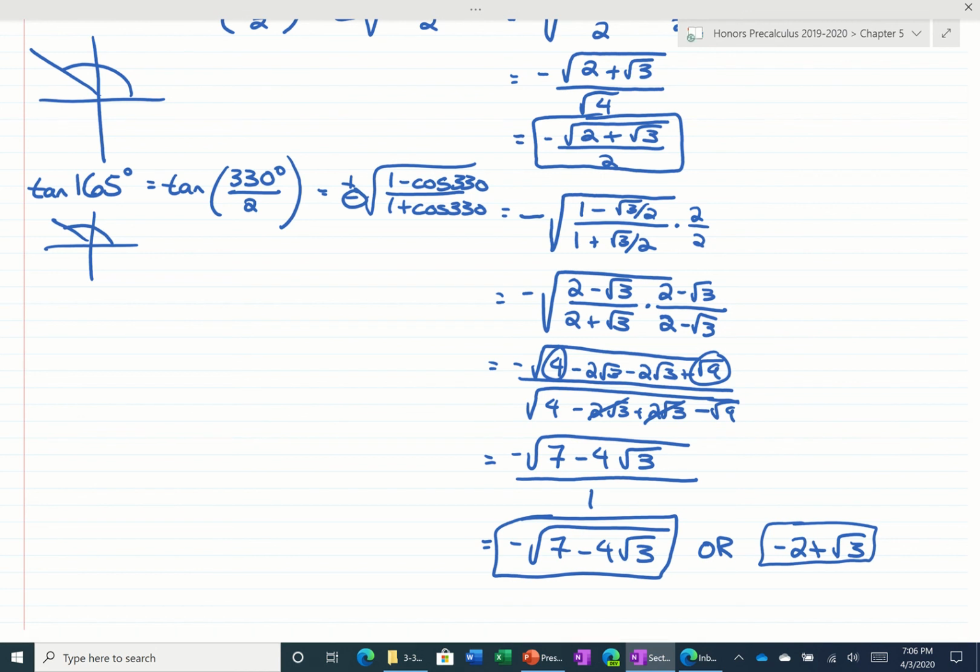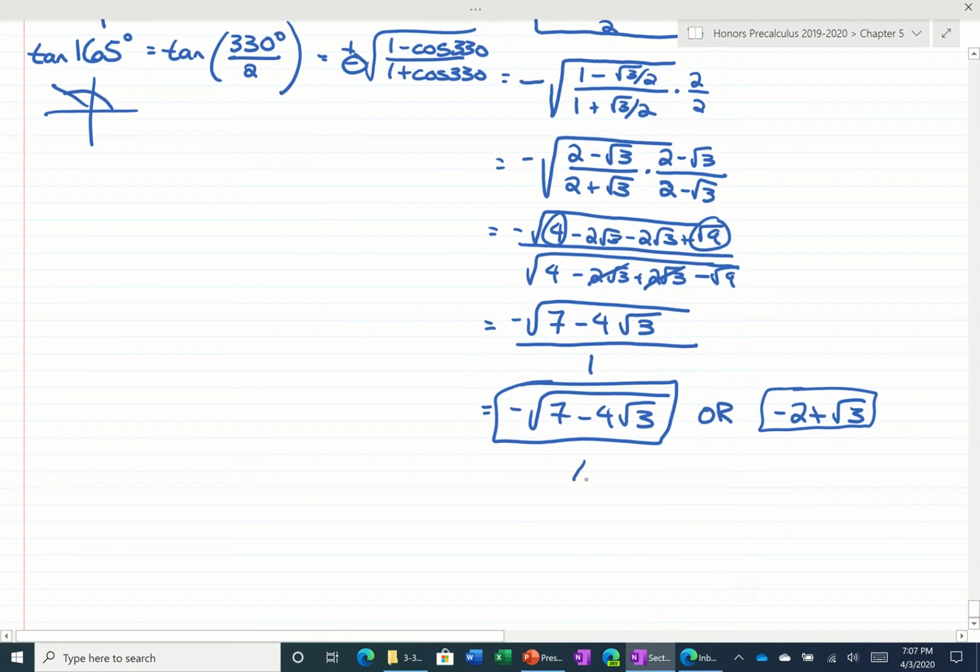So negative 2 plus the square root of 3 comes out to be negative 0.26, and negative square root of 7 minus 4 square root of 3 is negative 0.26. So they are the same numbers; depending on which formula you use, they are exactly the same thing. Okay, and I had one last thing for us to talk about today.